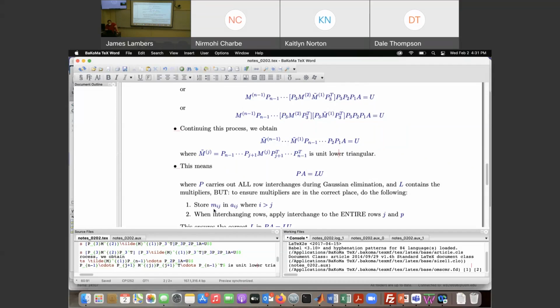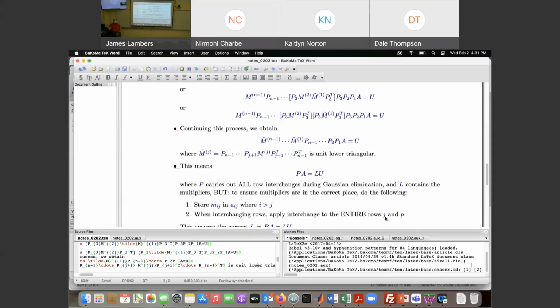So then, when you need to perform a row interchange, what you need to do is, keeping in mind that in the lower triangle you have multipliers, and in the upper triangle that you're working on you have what's going to be your row echelon form eventually, swap the entire rows.